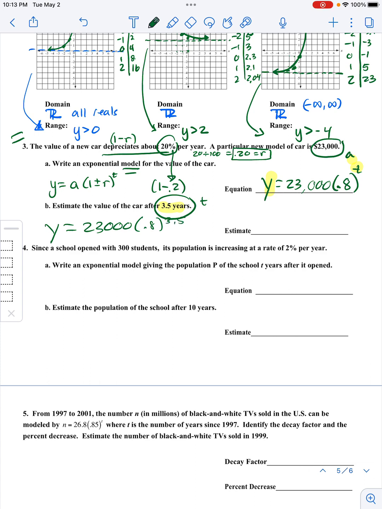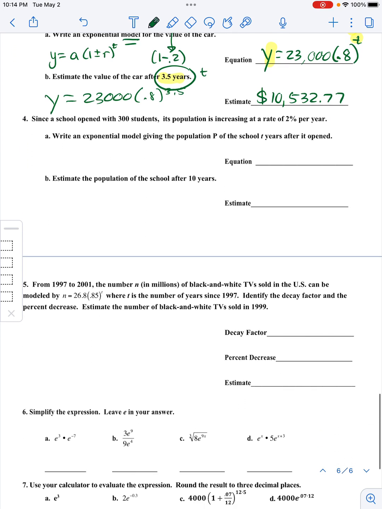Keeping in mind, this should get smaller. It's depreciating. So I'm typing that whole thing into my calculator. And again, make sure that you know how to do that and that you can get that 3.5 in there. And I'm getting a value of $10,532.77.